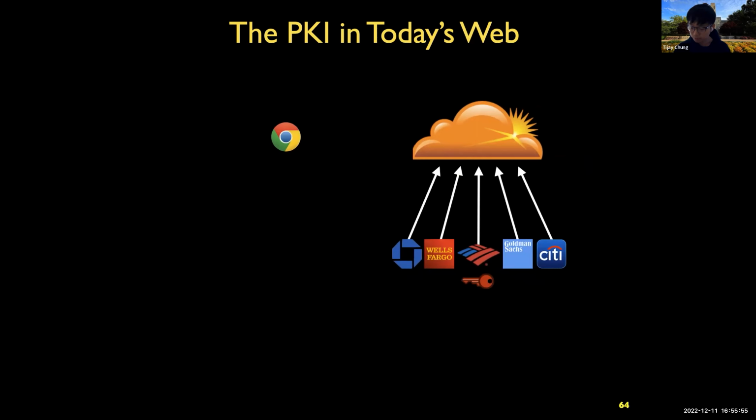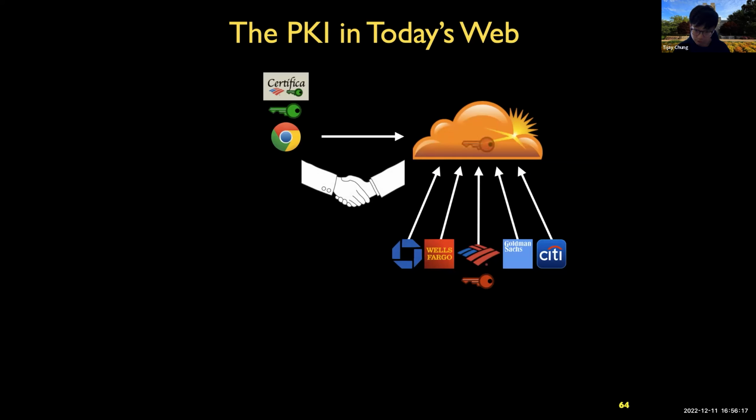So when you take a step back and look at the bigger picture, what happens right now is when you go to the website and you believe that you make a TLS handshake, the certificate comes from a third-party hosting provider, and you participate in the TLS handshake with the third-party hosting provider, which means that this third-party hosting provider knows the private key.